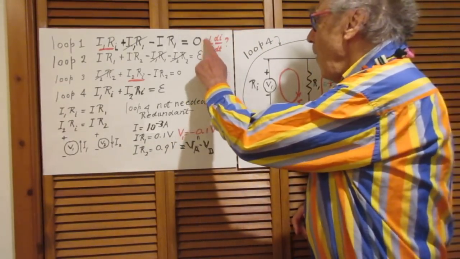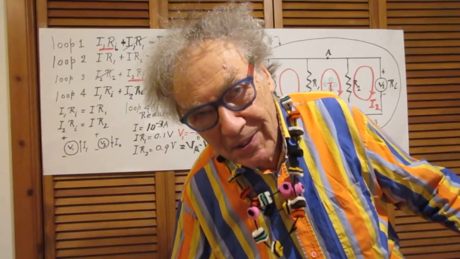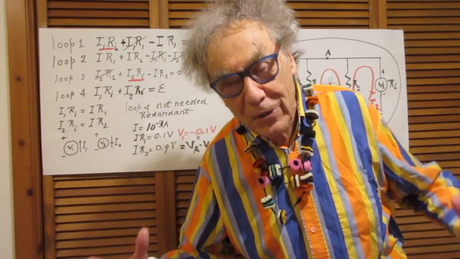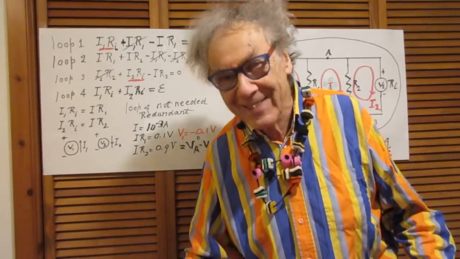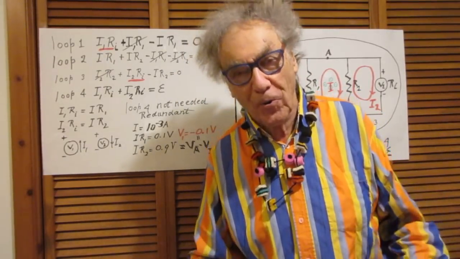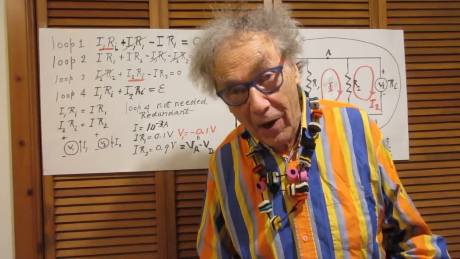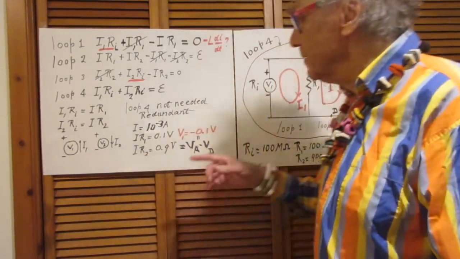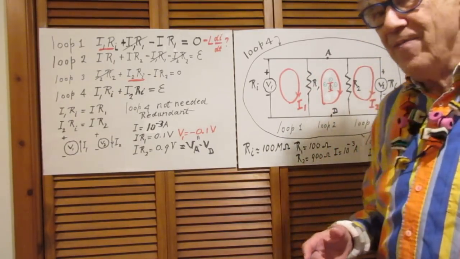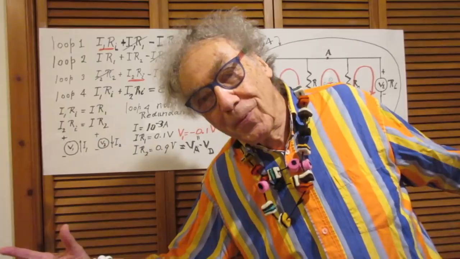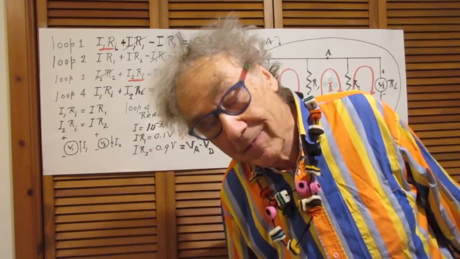So 1 millionth times 1 will give you a voltage of 1 millionth of a volt. And that is why obviously no sane person will take the inductance of the wires into account. We're dealing here with voltages like 1 volt. And then to take a 1 millionth of a volt into account is ludicrous.